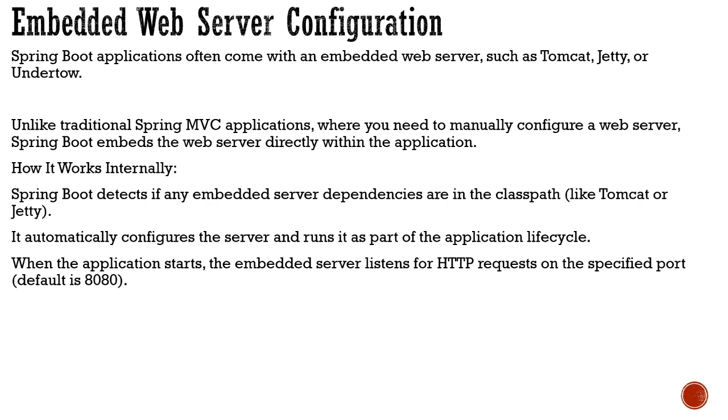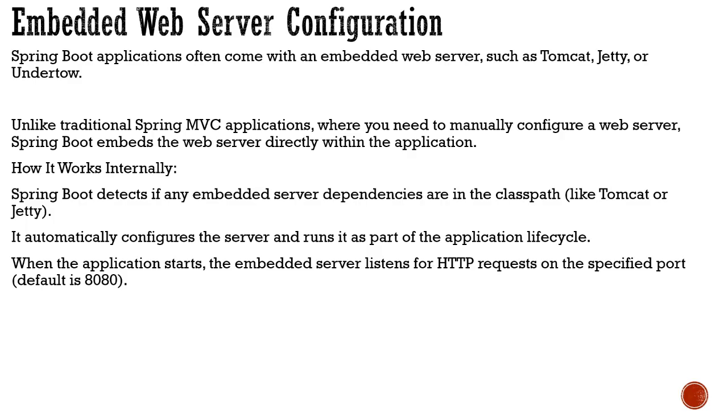So it comes with an embedded server by default, that is Tomcat. But if you don't want that default, you can exclude Tomcat and include Jetty or any other web server, right? Traditionally, when you are doing a Spring MVC application, you have to manually configure the web application server and embed it within your application.